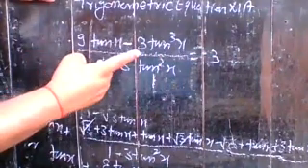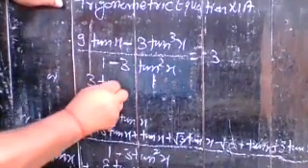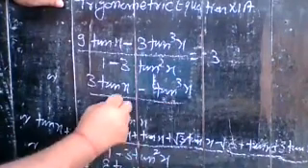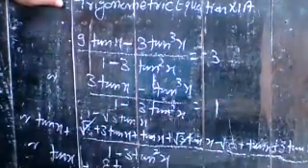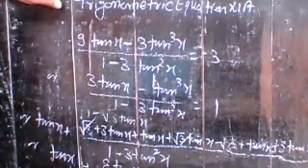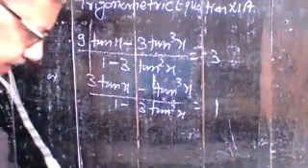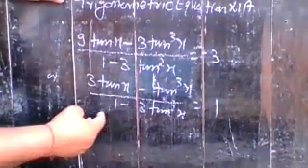Now, if you are taking 3 common, that 3 is cancelled out. So you have (3 tan x minus tan cube x) upon (1 minus 3 tan square x) is equal to 1. If you apply the identity, that gives tan 3x.